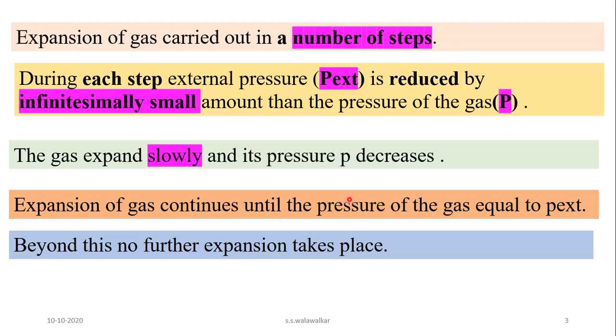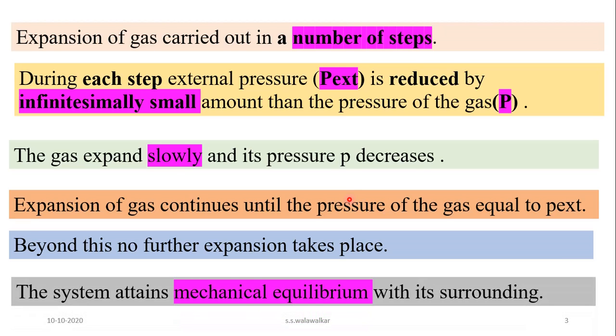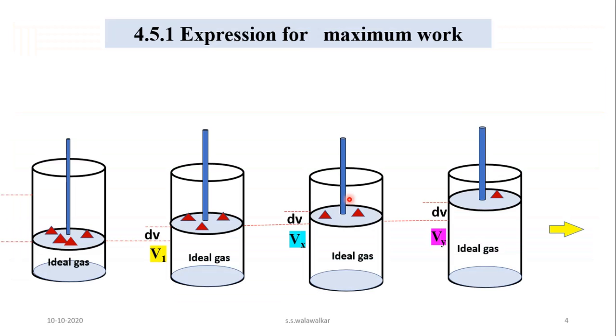Beyond this no further expansion takes place, and at that point the system attains mechanical equilibrium with its surroundings. So like this the change is carried out in a reversible manner, that is, the gas expands isothermally and reversibly. So let us understand this with this slide.